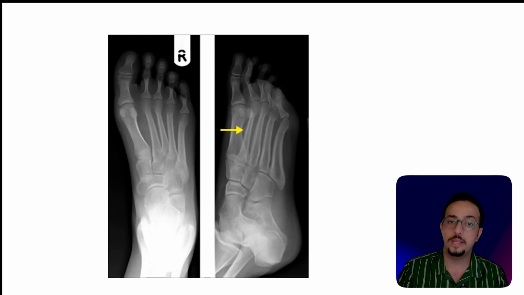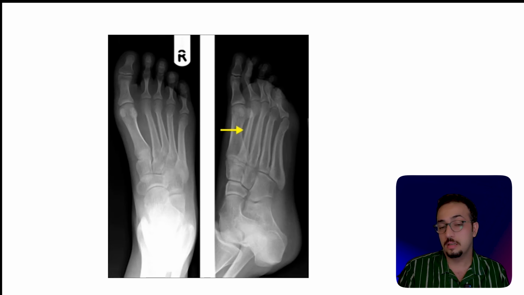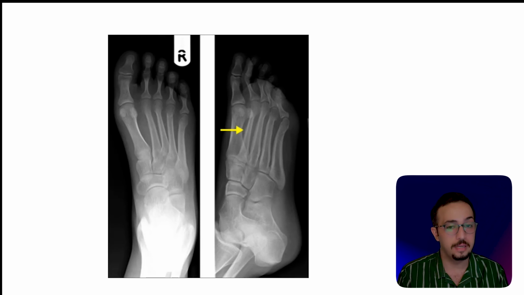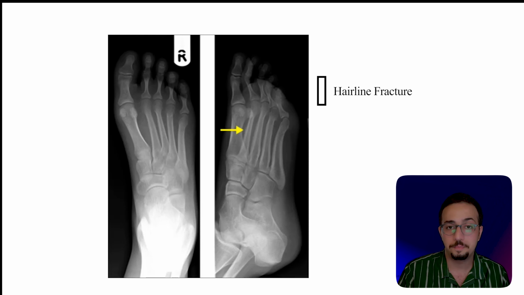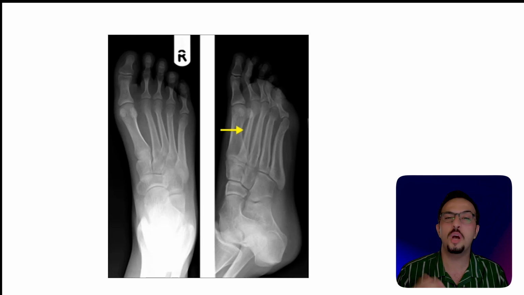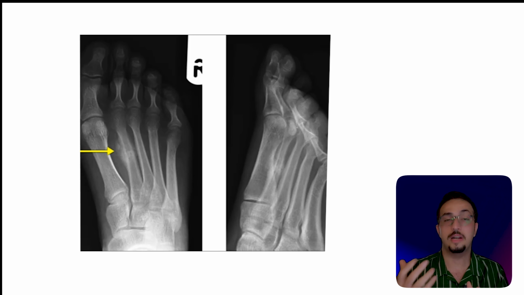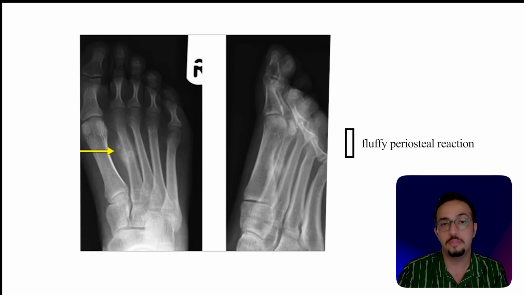At first, when you take an x-ray, everything might look fine, but if you look really closely, sometimes you can spot a super thin radiolucent line, like a hairline fracture. That shouldn't be there. It's only after a couple of weeks, when you take another x-ray, that you might see what looks like a fluffy bulge around the bone, which is calcification around that hairline fracture.